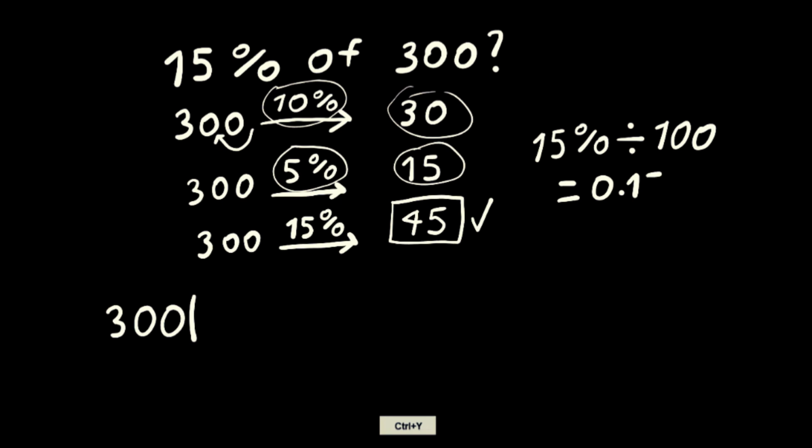You can also move the decimal point 2 units to the left, so those are 2 ways that you can use to convert a percentage into a decimal. Now, let's multiply 300 by 0.15. If you have a calculator, go ahead and type this in. So, 300 times 0.15 is indeed equal to 45.